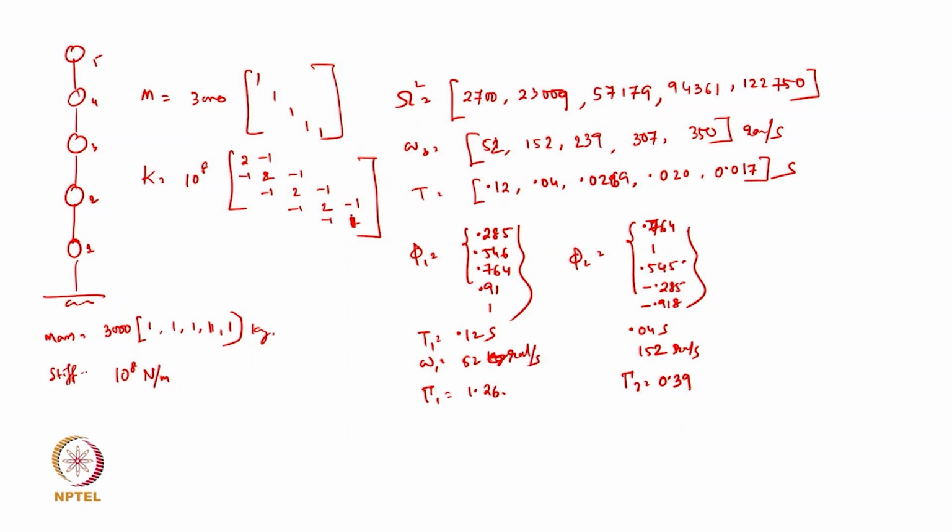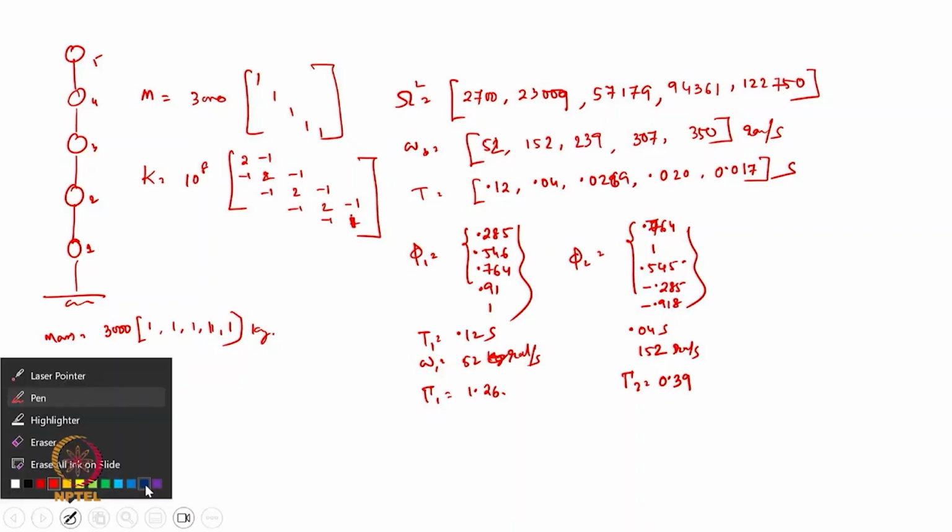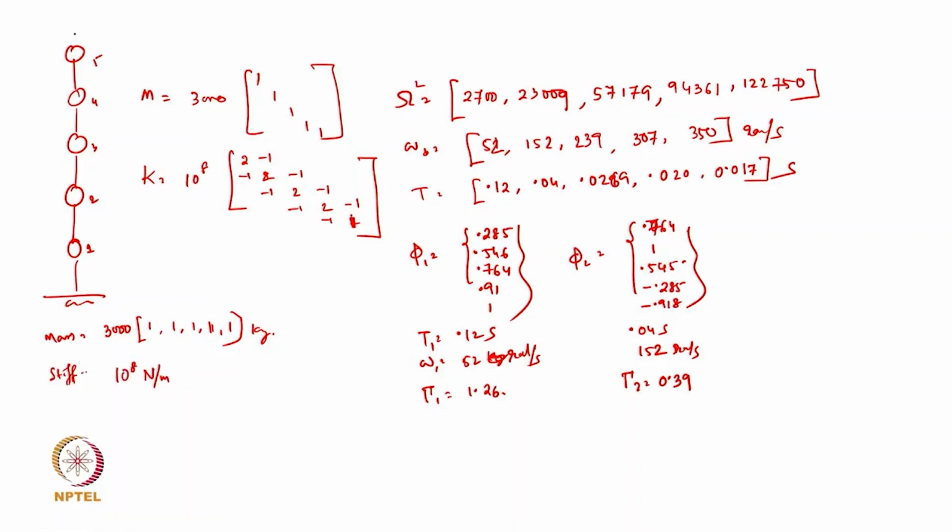Okay, so in the first mode, what can we see? If I just try to draw it, the fifth mass is somewhat at 1, then the next mass is 0.91, the third one is 0.76, this one is 0.54 and this one is 0.28.